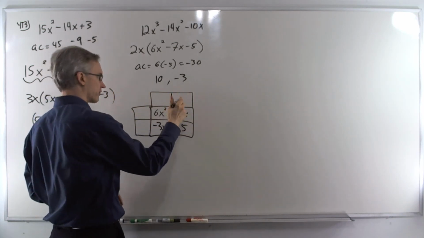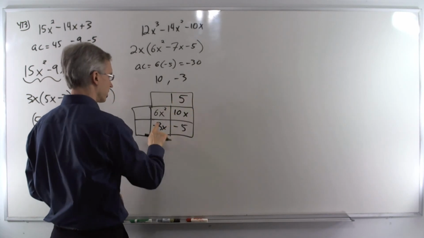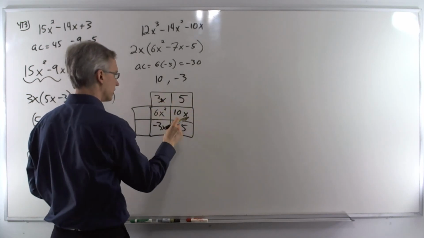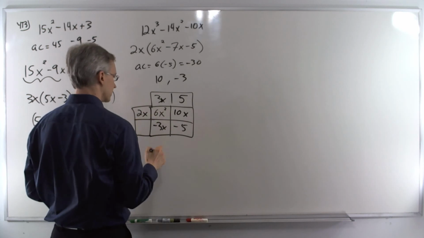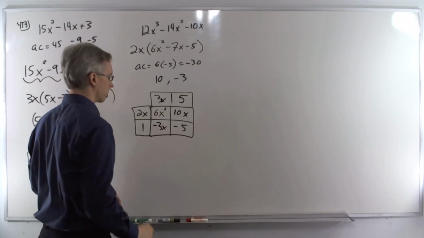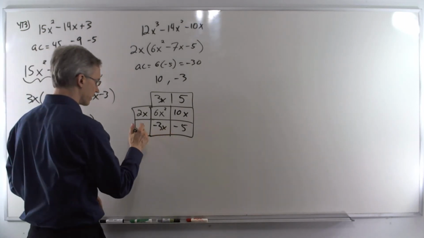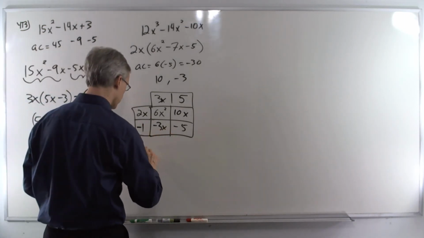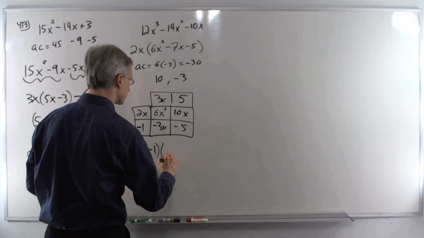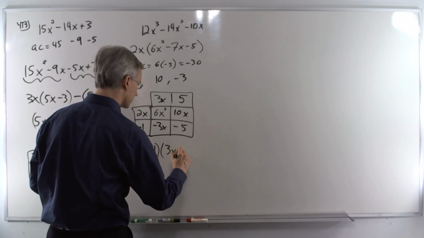Alright, this way, we'll factor out a 5. This way, factor out 3x. This way, the GCF is 2x. And this way, we got a 1. Alright, now negatives. The only negatives here, so we'll make this one negative. So that gives us 2x minus 1 times 3x plus 5.